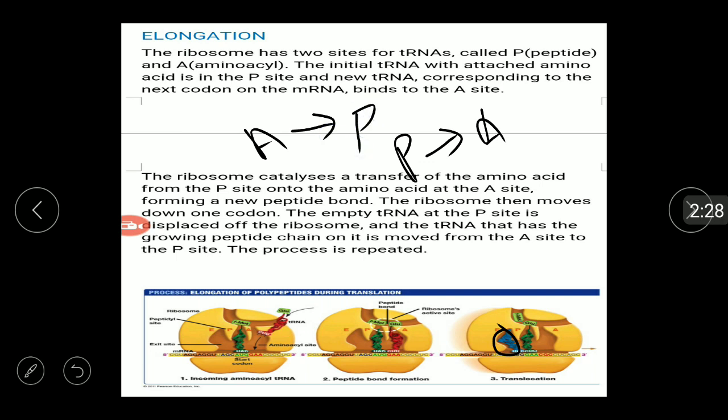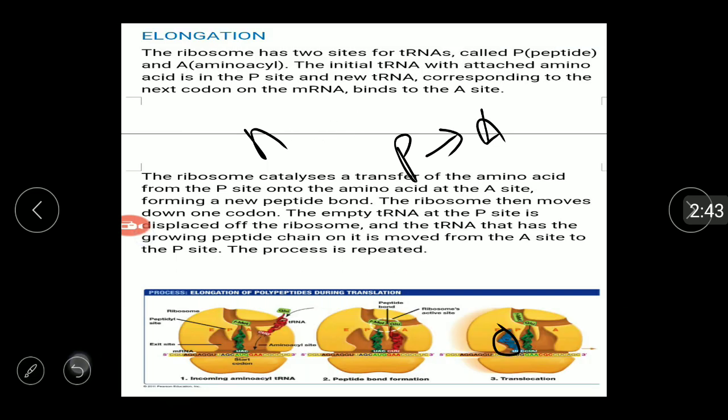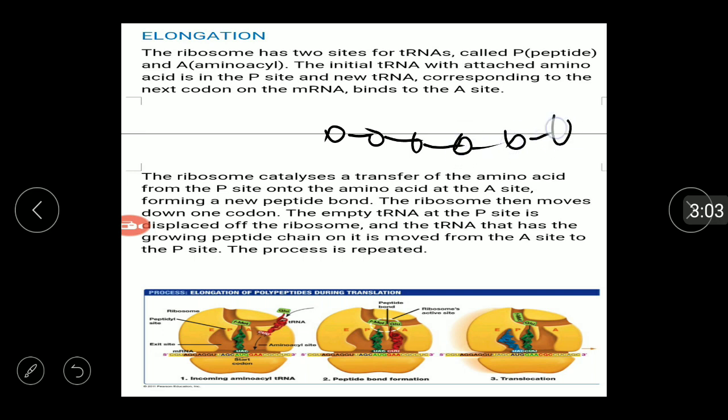The tRNAs move from A to P and P to A. This process is repeated through the A and P sites, and the peptide bond between amino acids takes place.